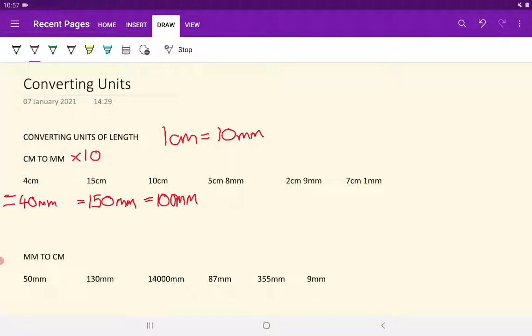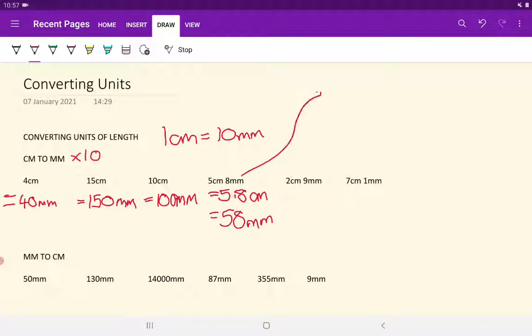Now, the next three are written a little bit of a different way. We've got 5 centimetres, 8 millimetres. Now, another way you might see that written is 5.8 centimetres. So you've kind of got two options here. You can think about 5 centimetres, 8 millimetres as 5.8 centimetres, and when we times that by 10, we'll get 58.